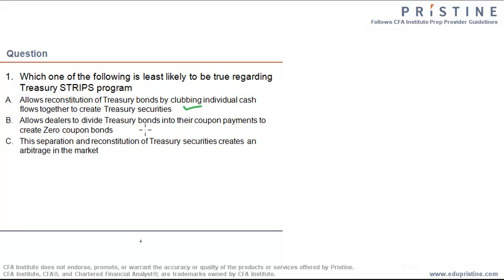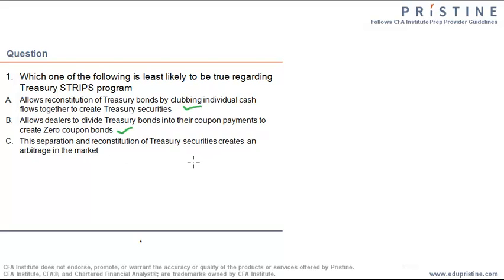Allows dealers to divide treasury bonds into the coupon payments to create zero coupon bonds. This is also right. This was the main aim of this treasury strips program, because there was no zero coupon treasury bonds available. So these dealers came up with the concept of splitting these treasury bonds into multiple zero coupon bonds. So this is also correct.